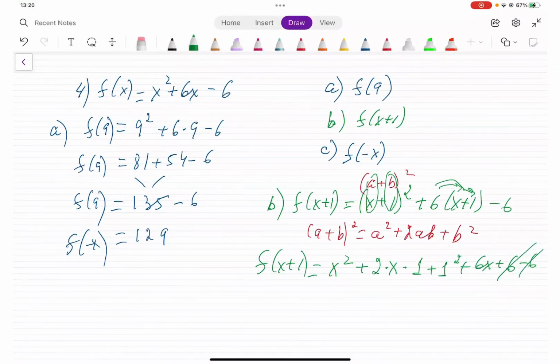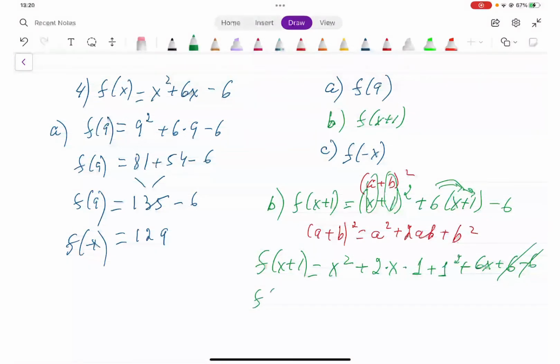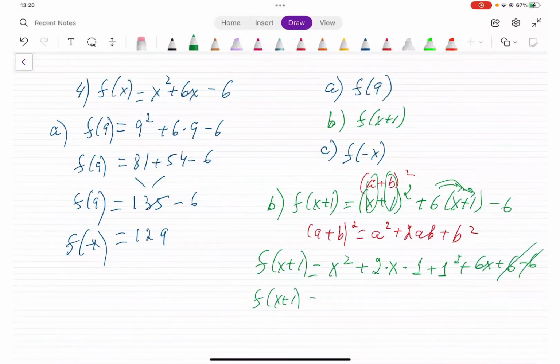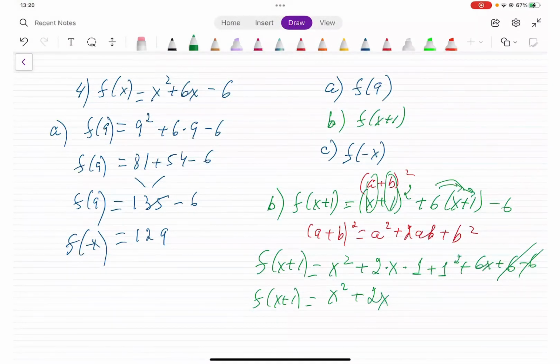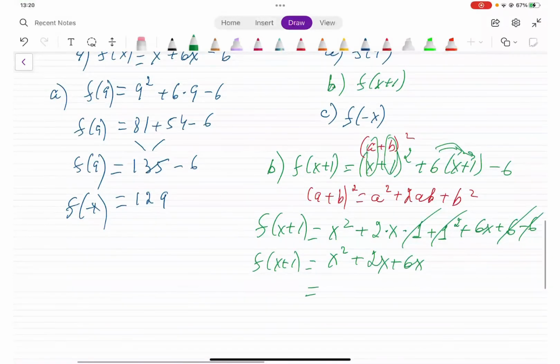Plus 6 minus 6 is gone, and we are getting f of x plus 1 is equal x squared. So what do we have? Plus 2x. So 1 squared is 1. Negative 1 plus 1 is gone. Plus 2x plus 6x, which means we get x squared plus 8x.